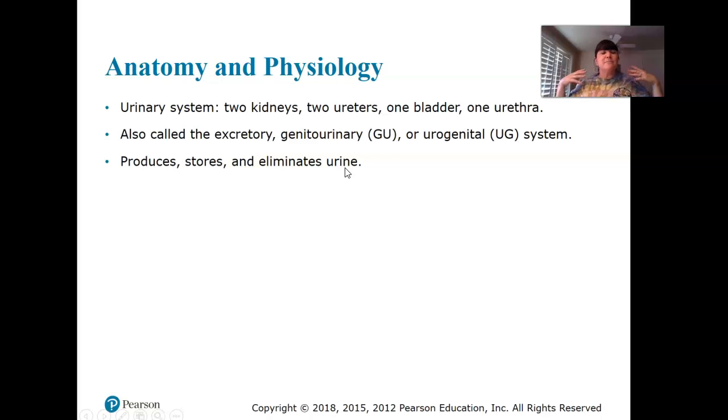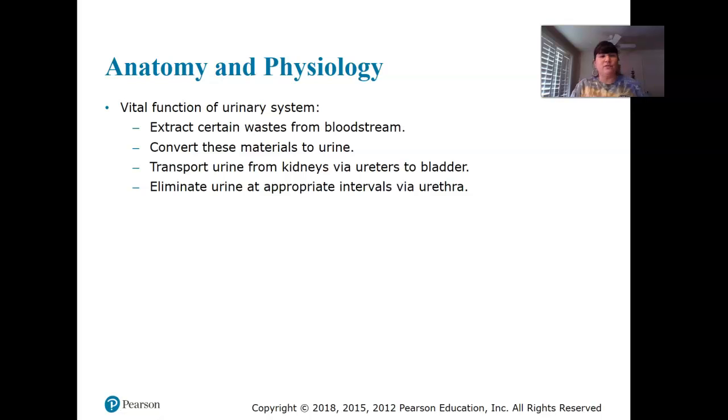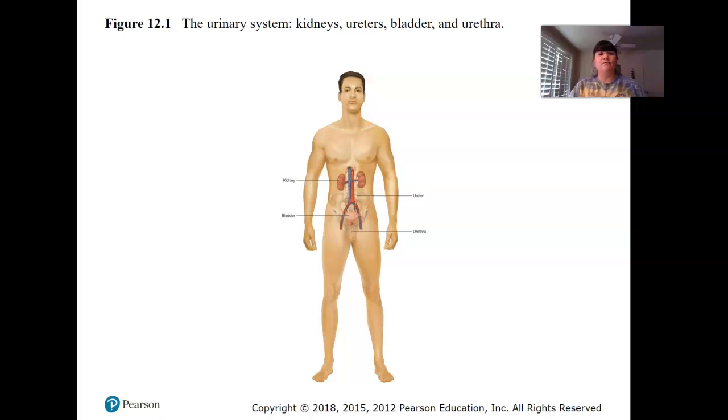So that's kind of the major idea, but it does a lot more than that. All right, so vital function. Extract certain wastes from the bloodstream, convert these materials to urine, transport urine from kidneys, eliminate urine. But again, not only that, it also helps with fluid balance, ion balance, and so on.